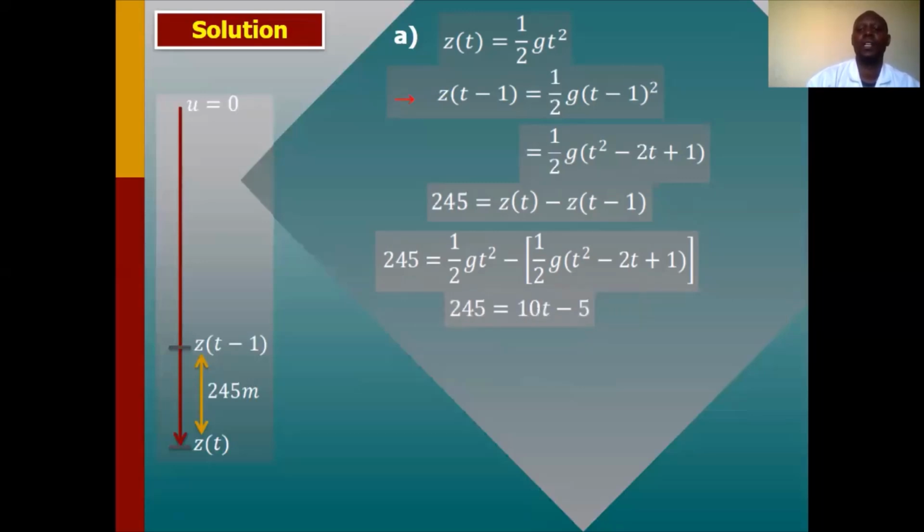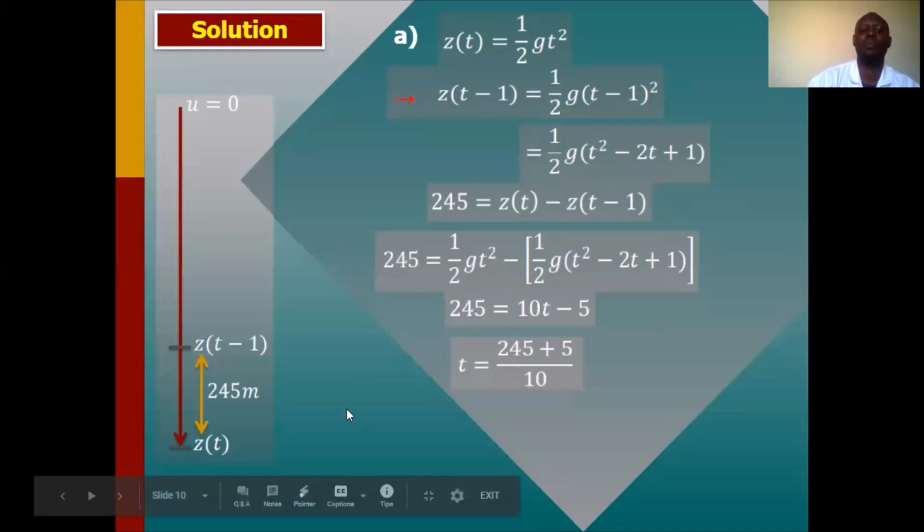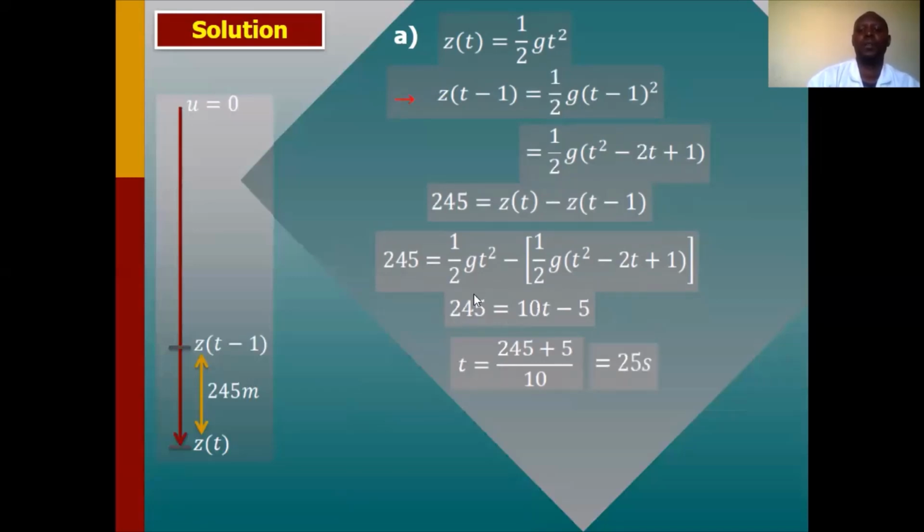Finally, we have 245 meters equivalent to 10 times t minus 5, by replacing the value of g, which is 10 meters per second squared. So the time t, the total time used by the projectile from the initial point to the end point, is 245 plus 5 divided by 10 from this equation, which is 25 seconds.